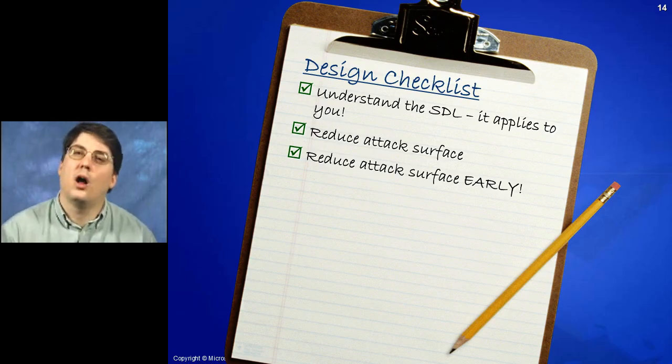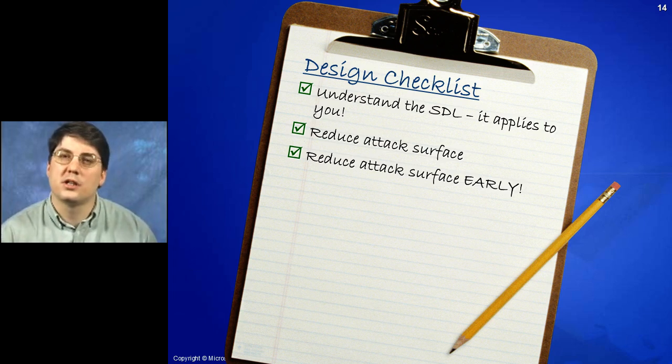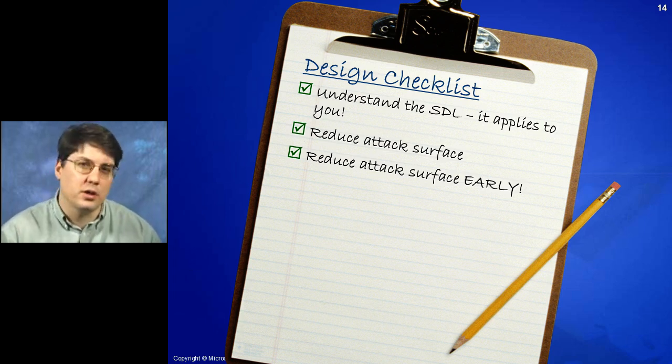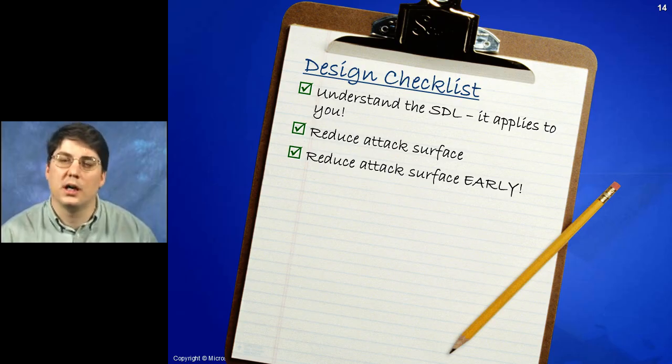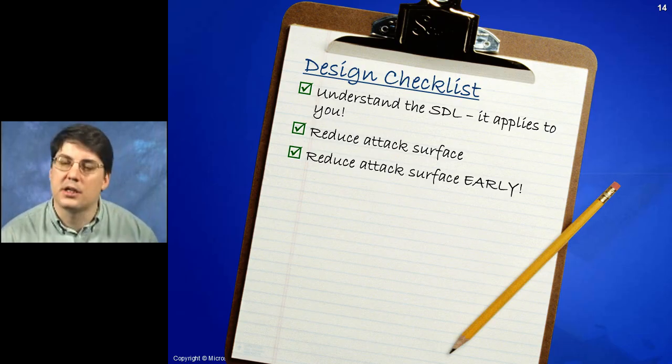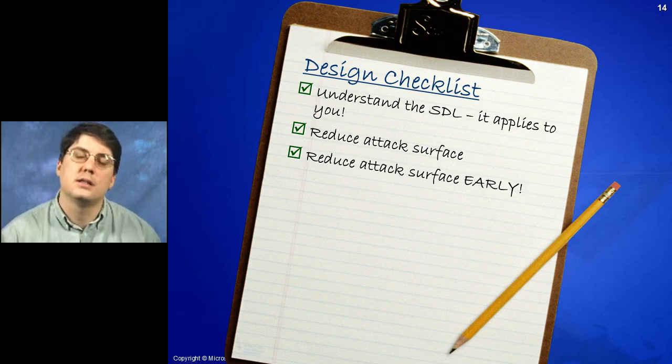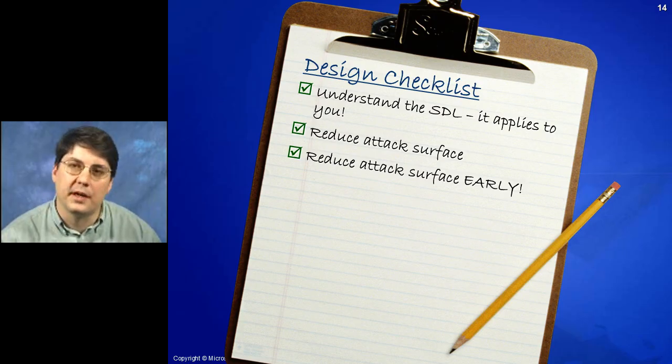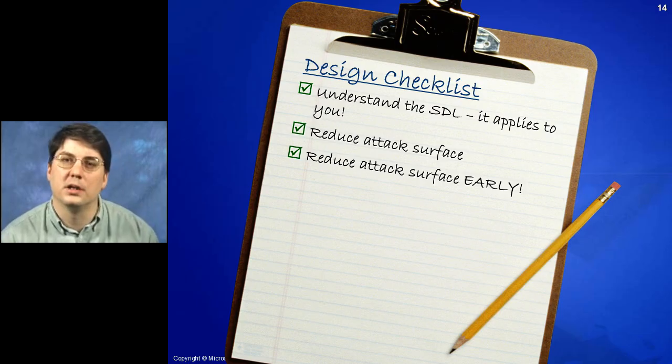Anybody who tells you that all you got to do to achieve security is use cryptography or use firewalls or use code scanning tools or use education or use any of the other things that we've talked about, they haven't really studied the problem entirely. SDL covers all aspects of the security development life cycle. It touches on all phases of development and is really the most effective tool you have to reducing the likelihood that you're going to ship a vulnerability.